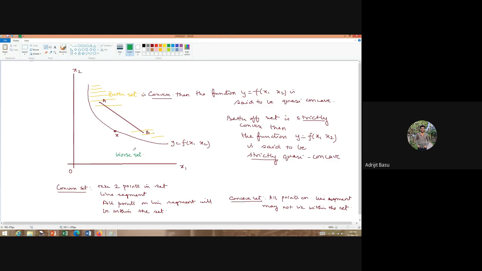Okay, well, is this worse set convex? Yes, sir. It will be convex. All the points of the line segment are lying inside the worse set, so I think it will be convex. I'm not sure, sir.